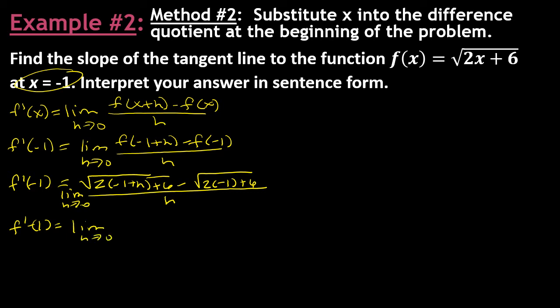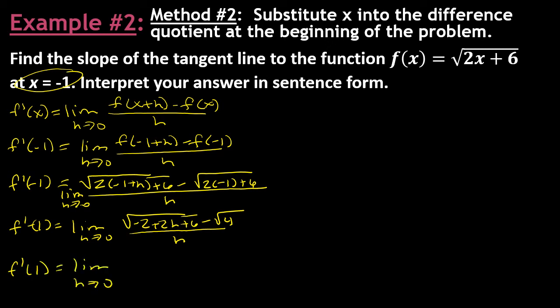All right, so now I'm going to do some math. So I got the square root of -2 plus 2h plus 6 minus the square root of 4 all over h. And if I keep on plugging through the math, then I have the square root of 4 plus 2h minus 2 all over h.